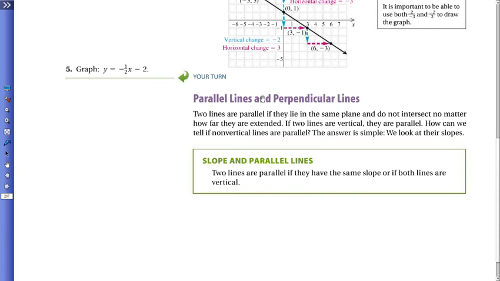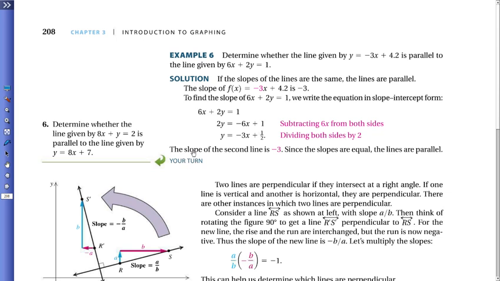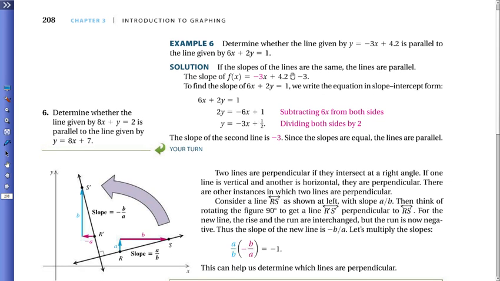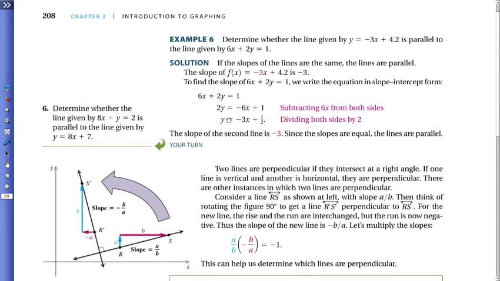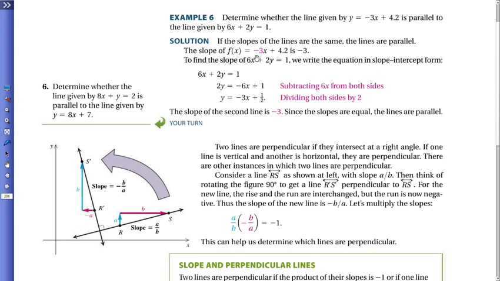Think about rise over run: for two lines to be parallel, they have to have the same rise over run. If there were a difference in the angle they're going on your graph paper, eventually they would intersect and would not be parallel. So they say if the slopes of the lines are the same, the lines are parallel.